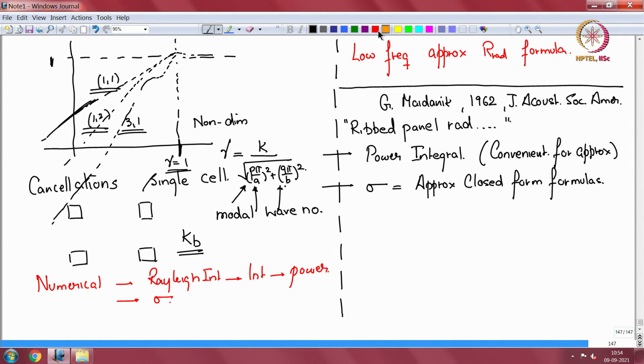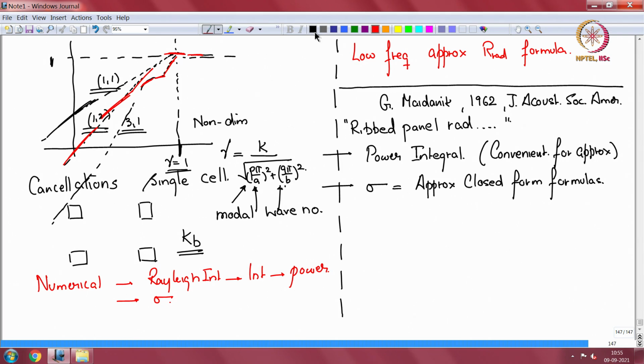Whereas Wallace does numerics over this, Majdanek does an asymptotic expression for this range, some other expression for this range, something for that range, and finally close to coincidence and beyond. So in local frequency regimes, he finds approximate formulas.